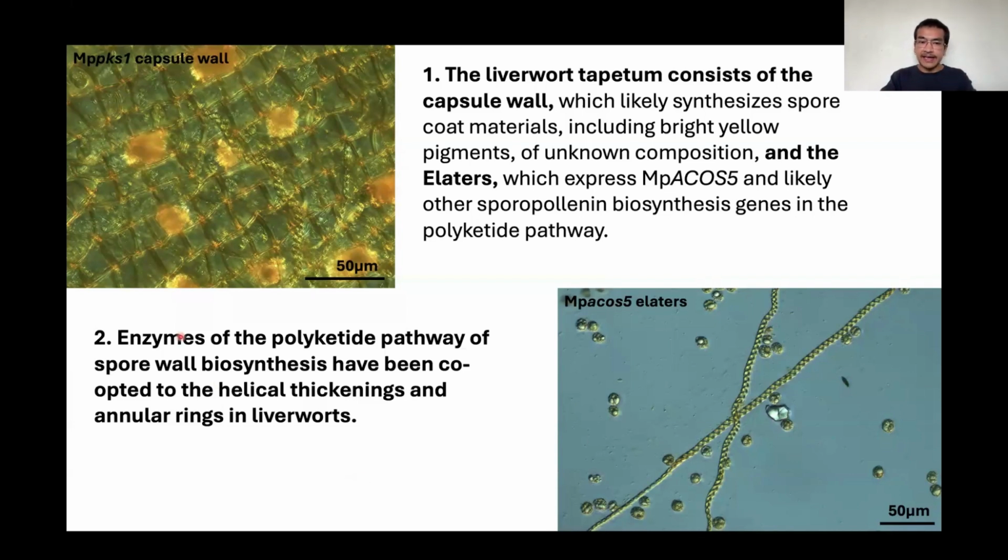And secondly, enzymes of the polyketide pathway, such as ACOS5 and PKS1, have been co-opted to the helical thickenings as well as the capsule wall, because we see coloration defects in the mutants. So this co-option to their secondary cell wall modifications likely happened a long time ago, early on in liverwort evolution, because helical thickenings in elaters are conserved across liverwort lineages.